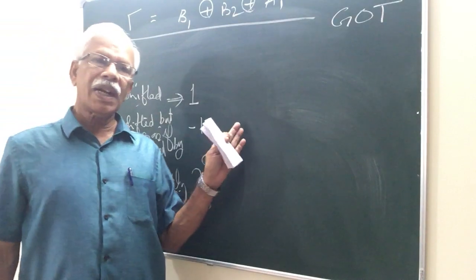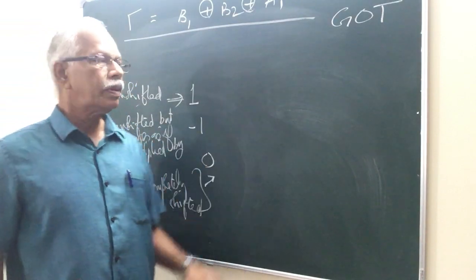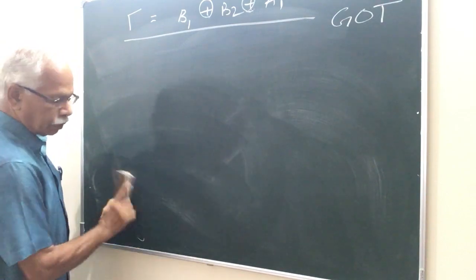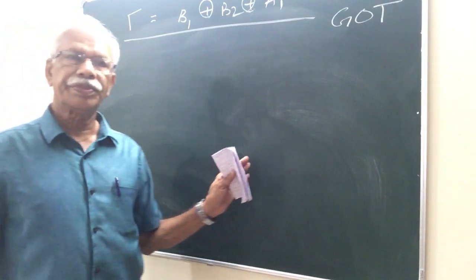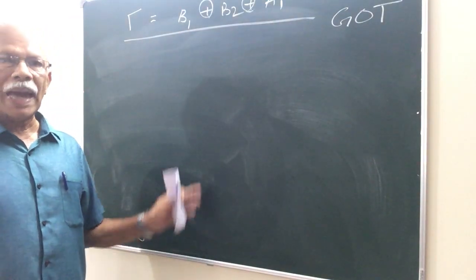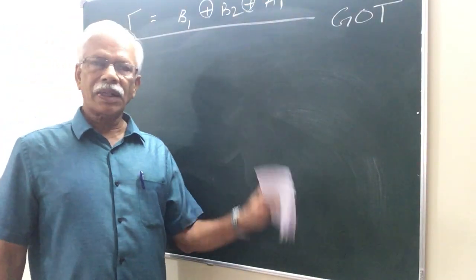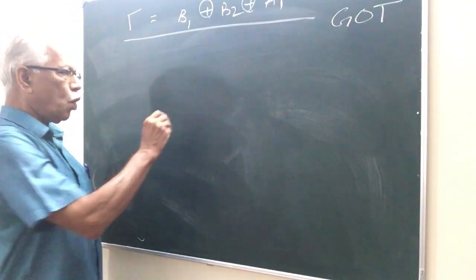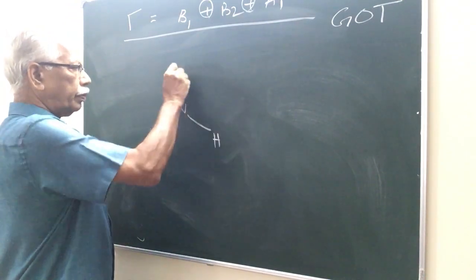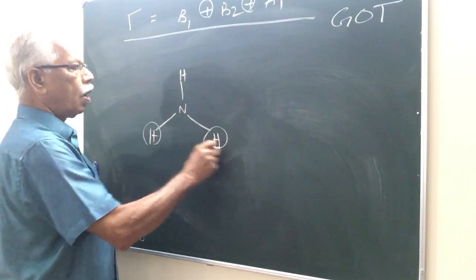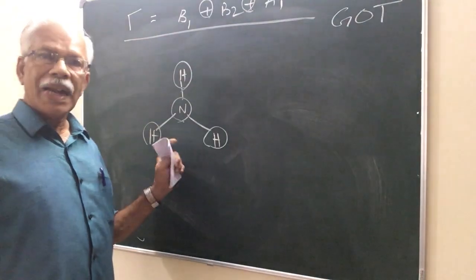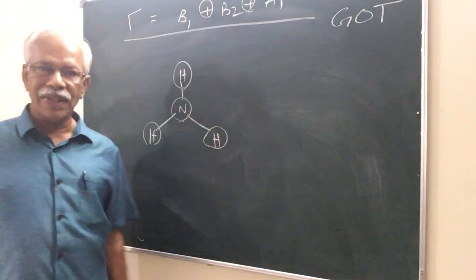Now we shall illustrate this simple rule of getting the characters of a reducible representation by writing the character of the reducible representation of the ammonia molecule on the basis of the valence s orbitals on each atom.